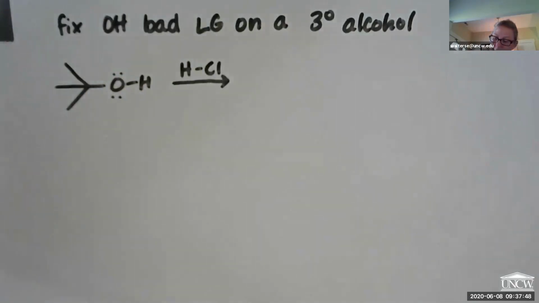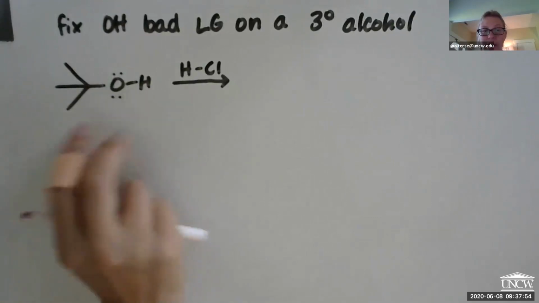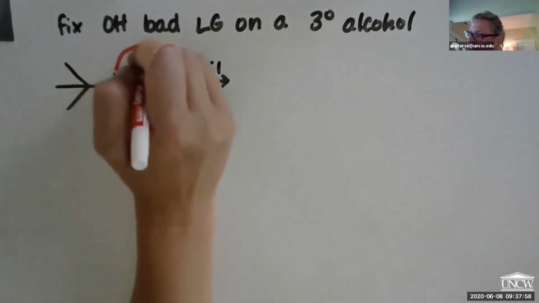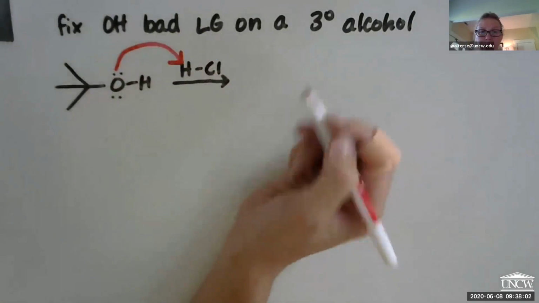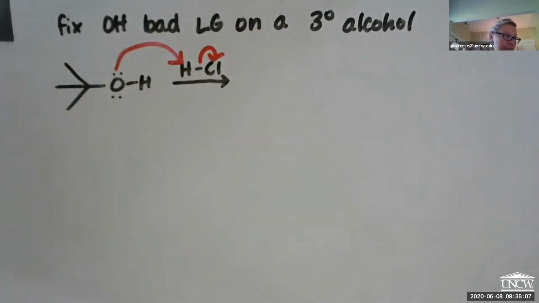Okay, so the way that this works, because this OH group isn't going to leave as hydroxide, it won't break off this substrate. So the lone pair of electrons on the oxygen go and grab the proton and release chloride.